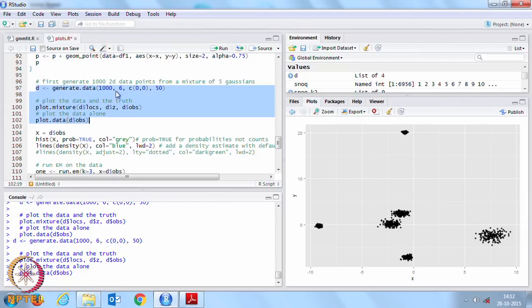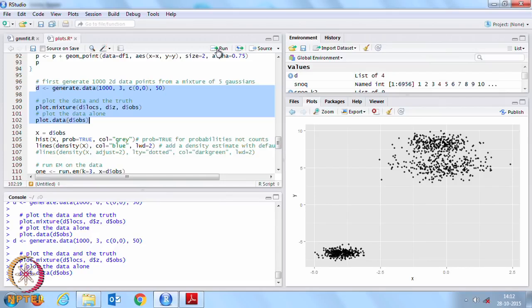Let me reduce the number of components here to 3. There you see, this is an example that I wanted. Here there are 3 components, but 2 components are highly overlapping. You see how it was generated by one Gaussian here, a second Gaussian here, and a third Gaussian here. But when you look at the data, you don't know how it was generated.